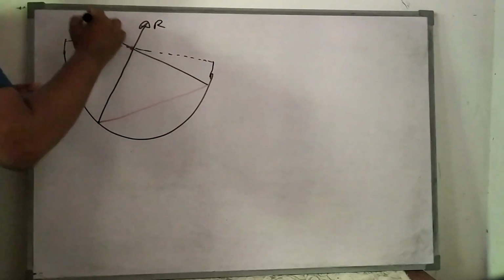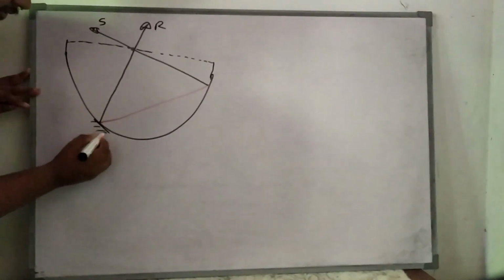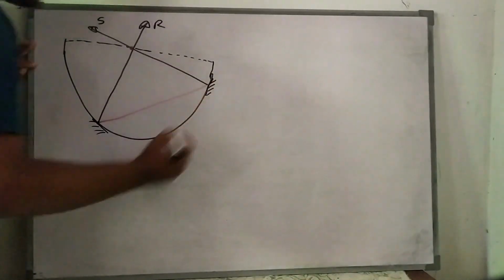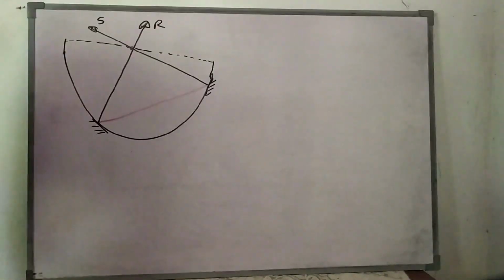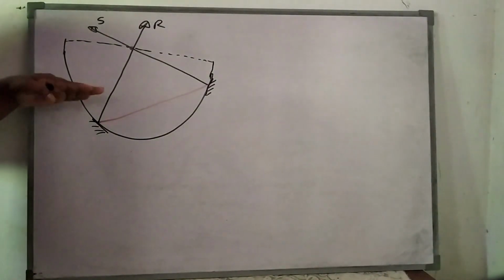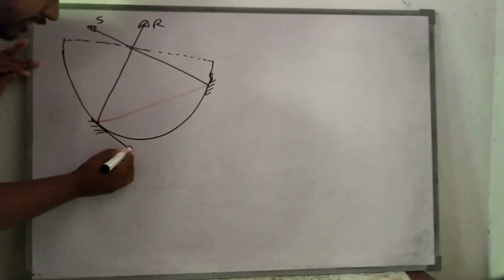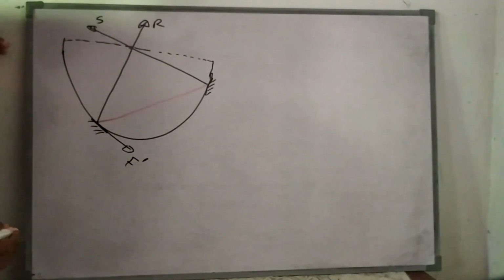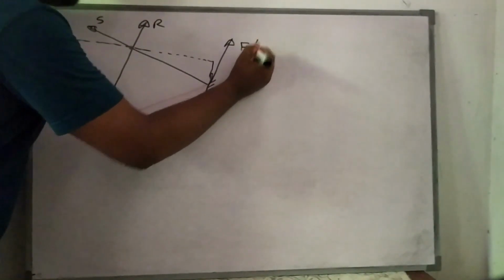These are the reactions which pass through the center, S and R. The friction force: the rod is always trying to move down, then the friction is this way, that friction up.